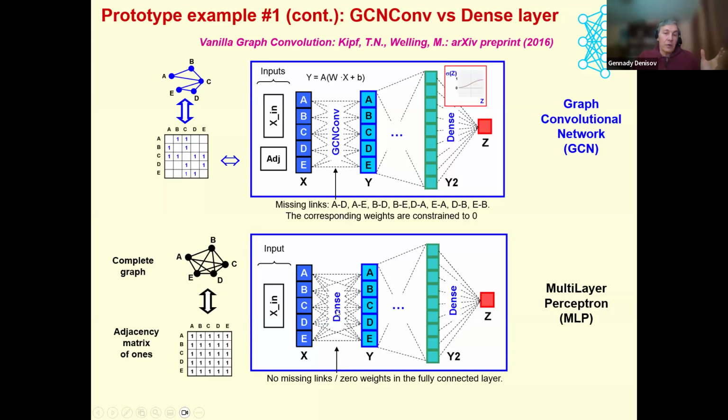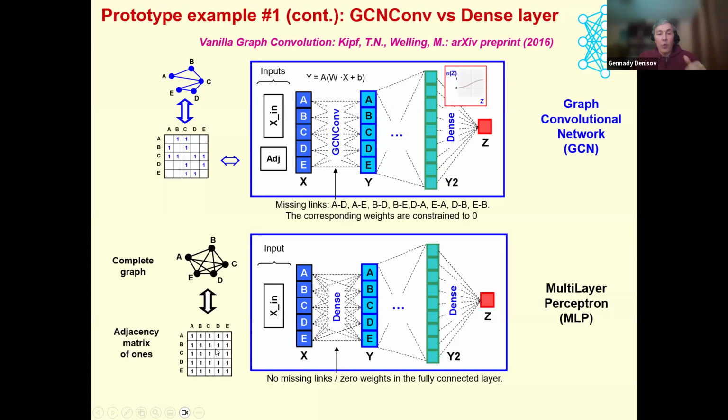The dense layer is also called fully connected. That means all the elements of the tensor X are connected to all the elements of tensor Y. And in this case, there is no need for the adjacency matrix, but theoretically, this dense layer could be regarded as a graph convolutional layer with an adjacency matrix of ones.